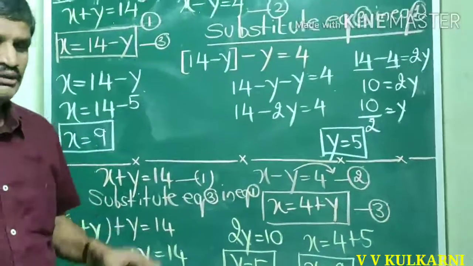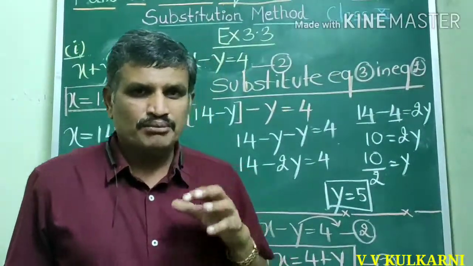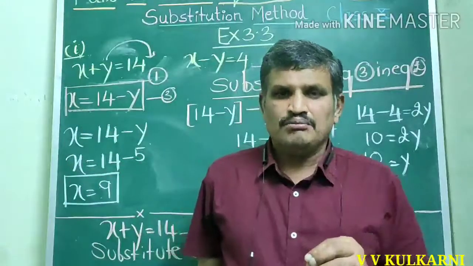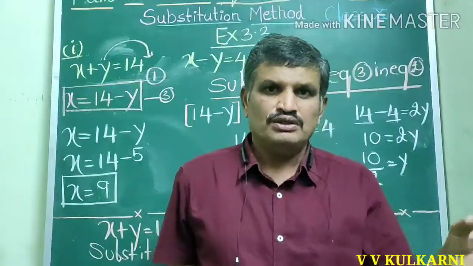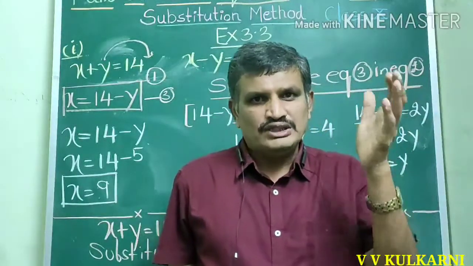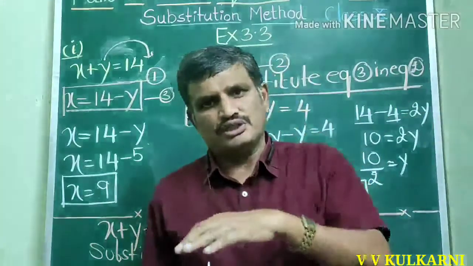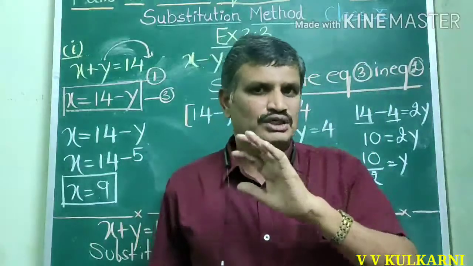So once again I repeat the same sentence. A linear equation in two variables can be solved either by substituting x from the first equation into the second equation, y from the first equation into the second equation, x from the second equation in the first equation, or y from the second equation in the first equation.